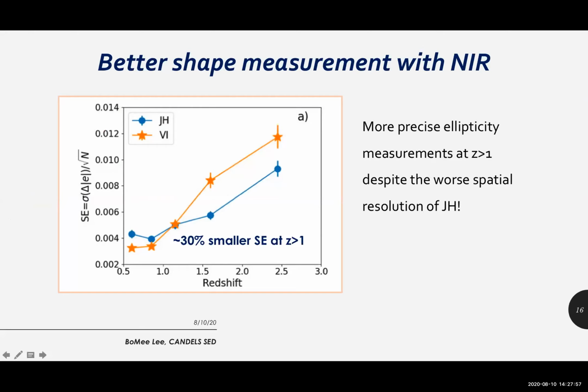Therefore, the statistical uncertainty, the y-axis here, in near-IR derived ellipticities, the blue points, is about 30% smaller at redshift greater than 1 than in the optical, the orange points. This implies more precise ellipticity measurement at redshift greater than 1 with the near-IR, despite the worse spatial resolution of near-IR bands.